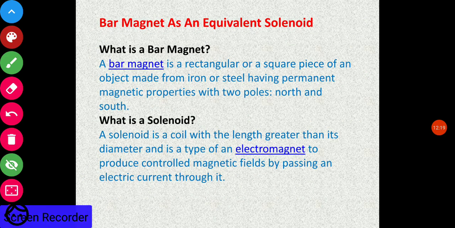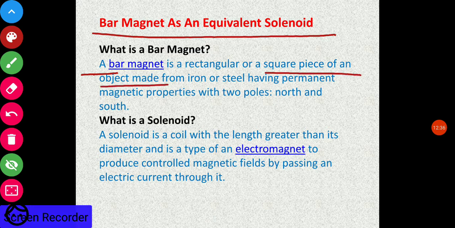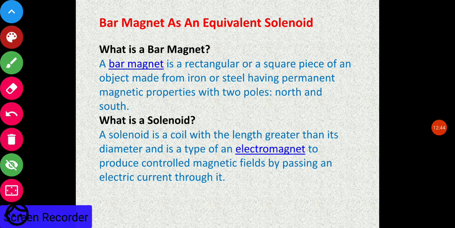Now let us discuss the bar magnet as an equivalent solenoid. Let us again recall what a bar magnet and what a solenoid is. A bar magnet, as I just told you, is a rectangular or square piece of an object made from iron or steel having permanent magnetic properties with two poles, north and south.